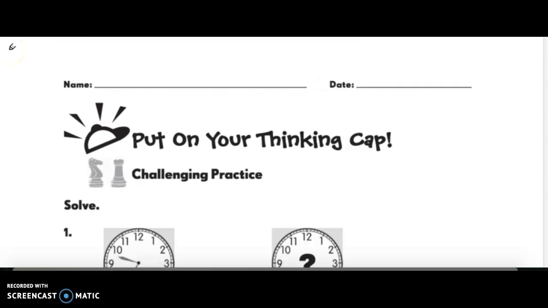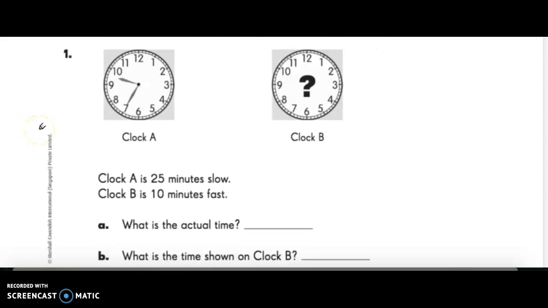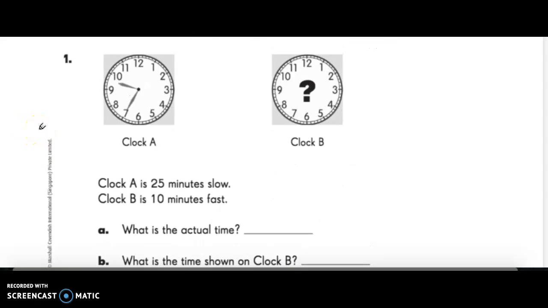All right, so you are doing your thinking cap today. Now remember, thinking cap is a little more challenging, so it may take some time. It is only a couple problems, so really take your time. Don't rush through this. So for clock A, I would suggest writing what time it is first. So take a look at the clock. Remember, this is your hours. This is your minutes.